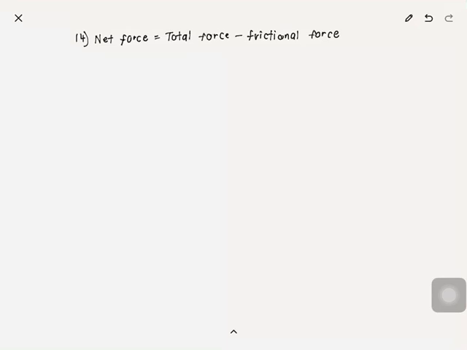It won't be as simple as just finding the net force. Sometimes it will be a question which involves the equation F = ma, and they will give you a frictional force as well. So you have to take F minus frictional force and equate it to ma. That's how you will find the net force.